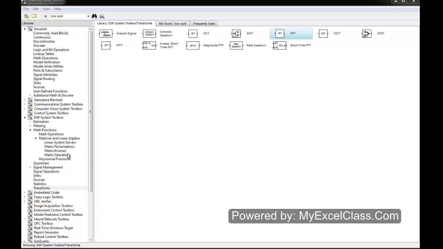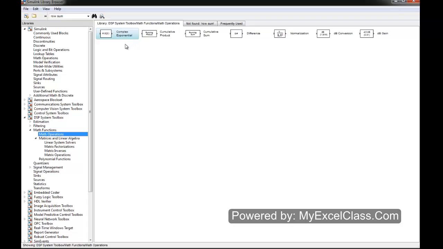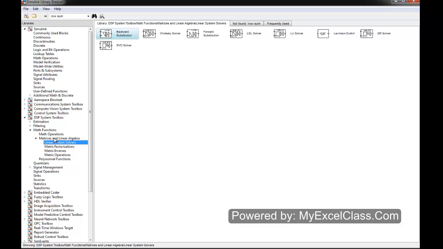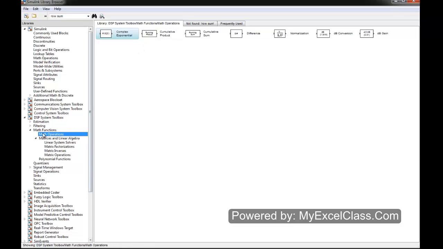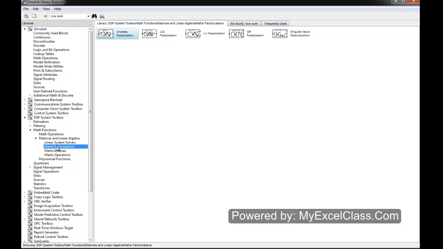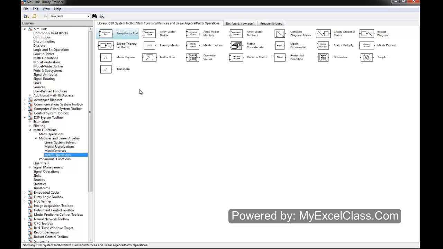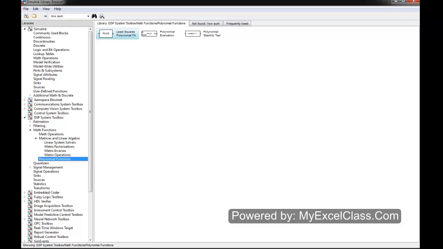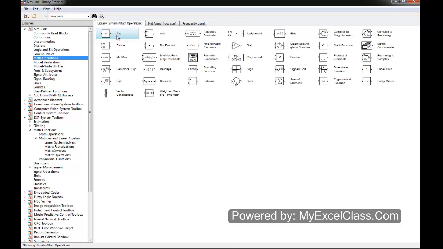So math operators, complex exponential, complex difference, no. Yeah, this is the one.